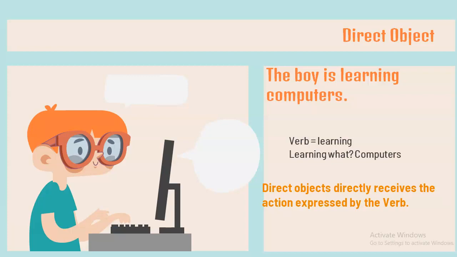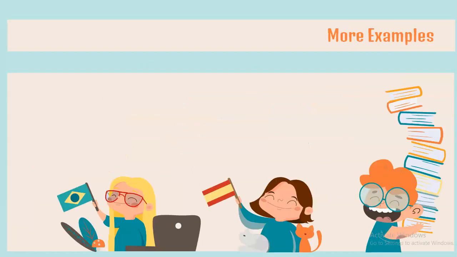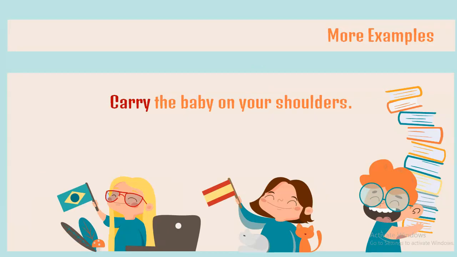So, we can say that direct objects usually answer the questions formed by verb plus what. Let's see some more examples. Carry the baby on your shoulders. Here the verb is carry. Carry what?